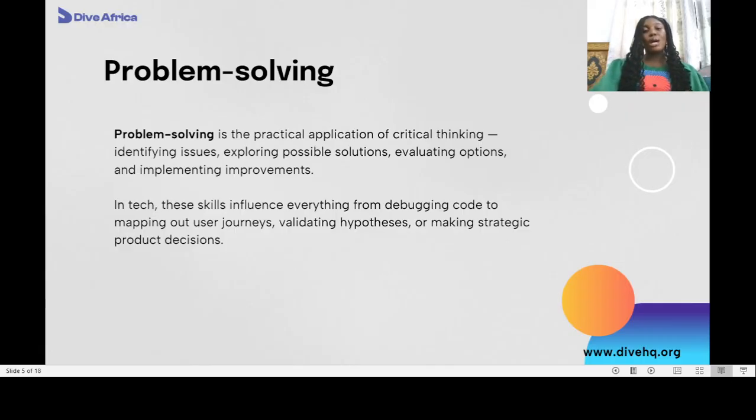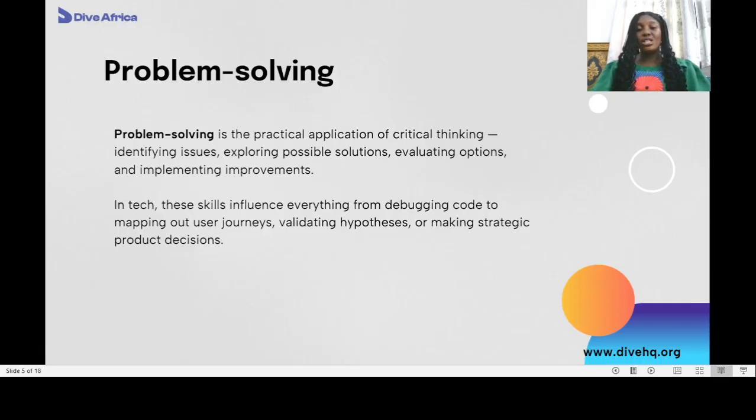Problem solving helps you identify the issues, explore possible solutions, evaluate options, and implement improvements. So problem solving is very important. It is not just enough for you to be a critical thinker, but you should also be able to solve the problem. Just like I mentioned, problem solving is the practical part of critical thinking.